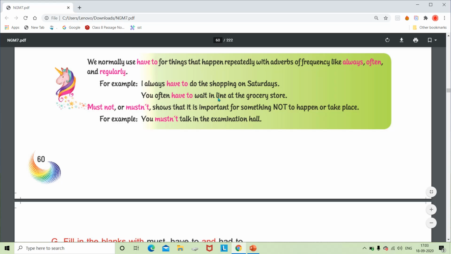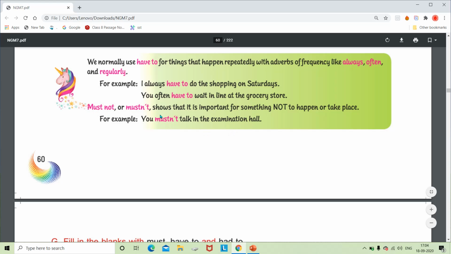You often have to wait in line at the grocery store. So it is a kind of irritation. We are complaining about this. So when we are using these frequency words, it shows some kind of complaint, or we are nagging about something, that we don't like this. But we just cannot escape from this. We have to pass through this kind of situation.